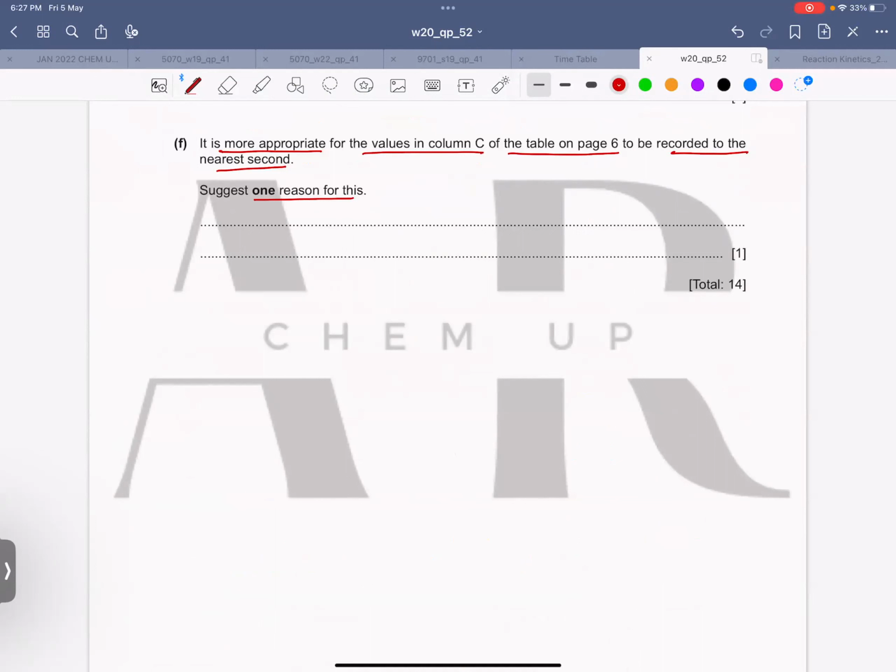Is it because of human error? No, we don't use the term human error in chemistry. All right. Nearest second. If we are saying nearest second, wouldn't it be 0.001 second?